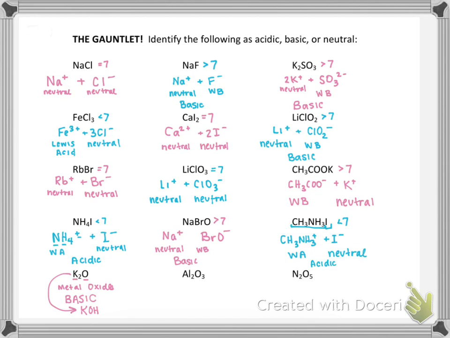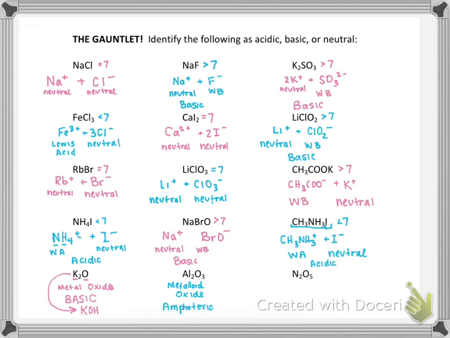With the Al2O3, now we have a metalloid oxide, and these will be amphoteric. They can be acidic or basic. Which makes sense because metalloids are kind of sitting in the middle.